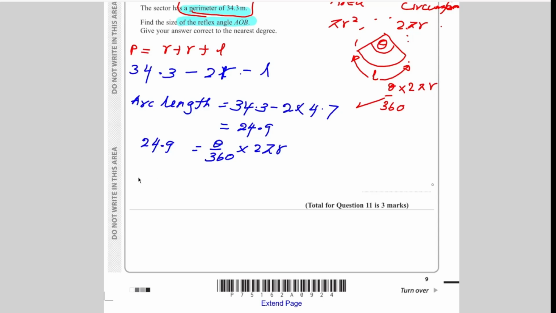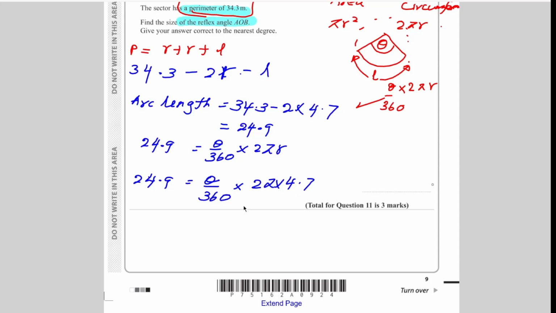Let's substitute the values: 24.9 equals theta over 360 times 2 pi times 4.7. Everything is connected by multiplication.